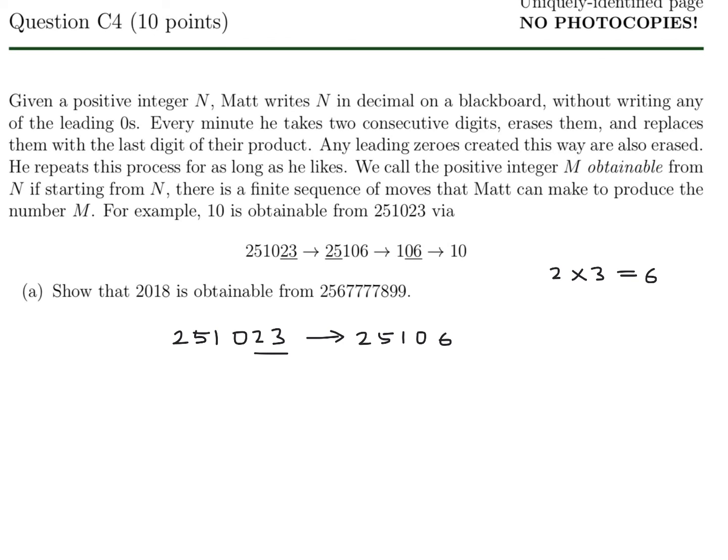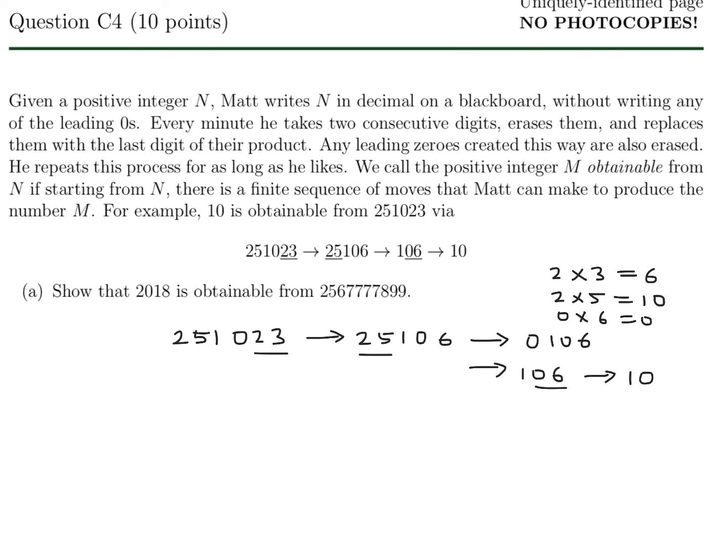And then they've taken 2 times 5 now, which is 10, and replace it with the last digit. Now, if you replace it with the last digit, it would be 0. But then they have this rule that any leading zeros are erased. So really what that means is you're just writing 106. Then they take those 2, which would be 0 times 6, which is 0. And therefore, you replace that 06 with 0. So that's how you get 10 from this.